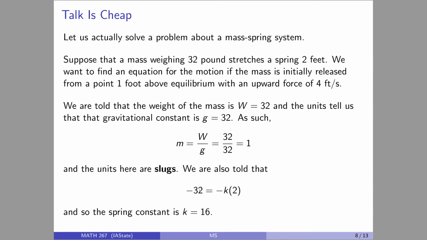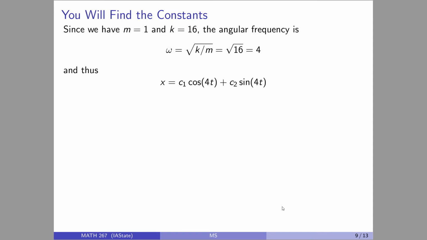And then we solve for the spring constant, which is equal to 16. Okay, so we have the mass, which is 1, and the spring constant, which is 16, so I can now compute the angular frequency. Remember, the angular frequency is the square root of the spring constant divided by the mass. So that's 16 over 1, square root of that is 4.